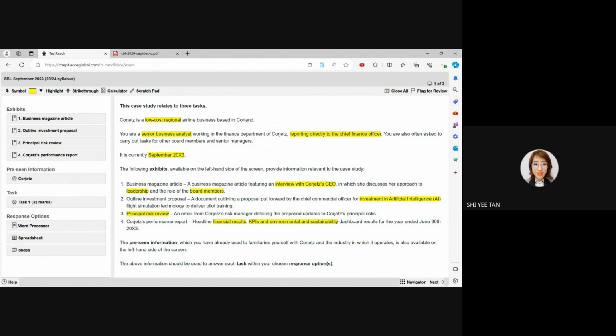I always encourage students to read through the list of exhibits. Don't just glance through. Why is that so? Because if you understand what is inside that exhibit, you will know which task is related to which exhibit. And this makes a lot of difference for you. This actually brings some efficiency to you. So you have to spend some time to read through the exhibit.